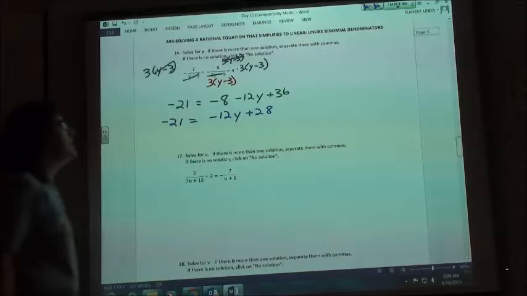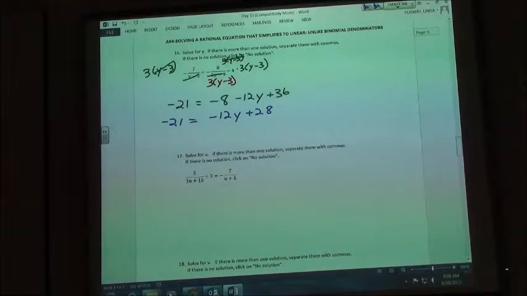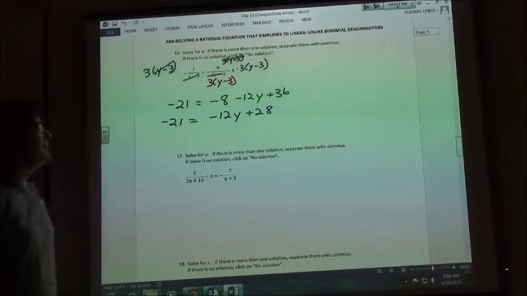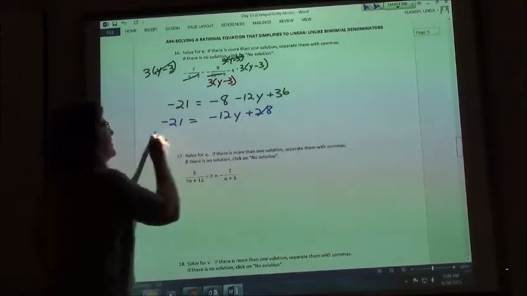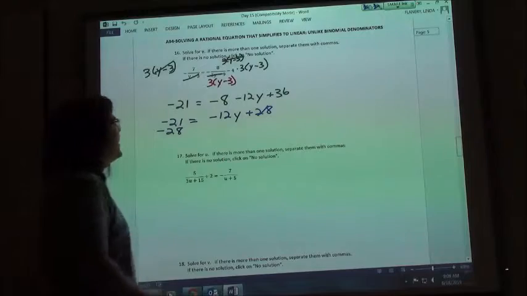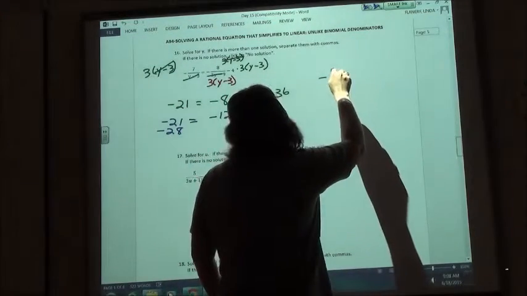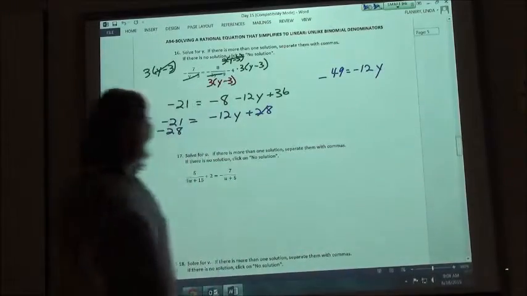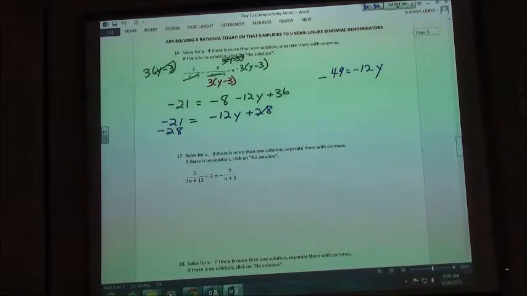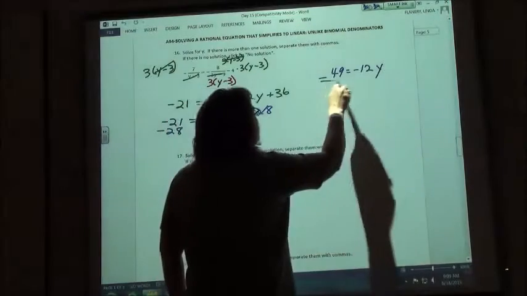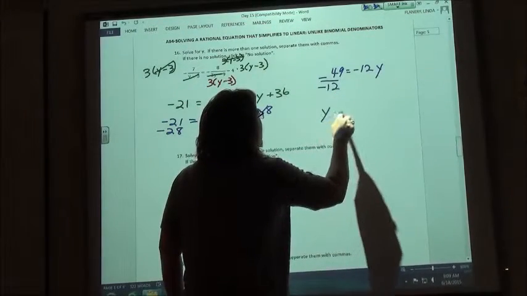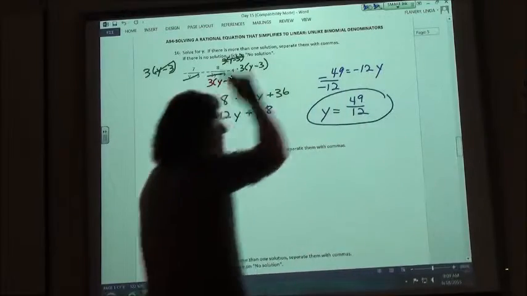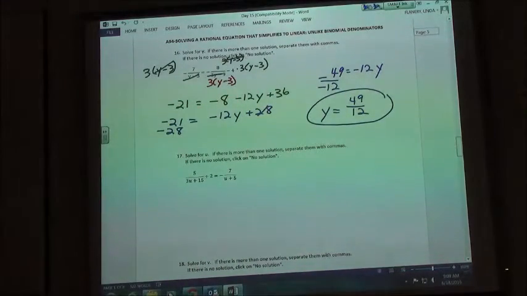I'm then going to subtract the 28, so I get negative 49 equals negative 12y, and when I divide, my answer then is y equals 49/12.